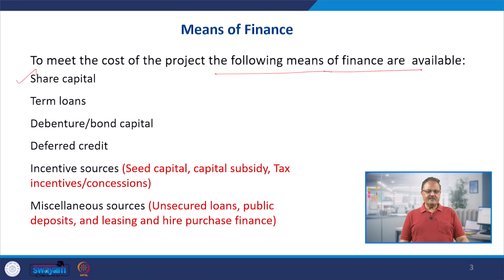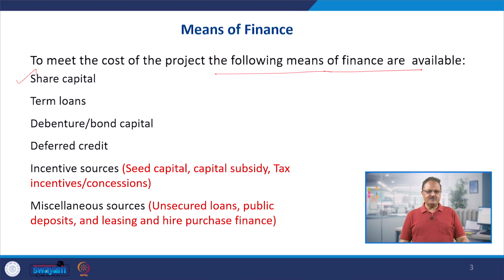So how much is your investment going to be? As a partner, how much are you going to invest in the firm, or as a member of a private limited company, what is going to be your shareholding, and the respective share of all the members and owners of the company? In that sense we call it share capital.